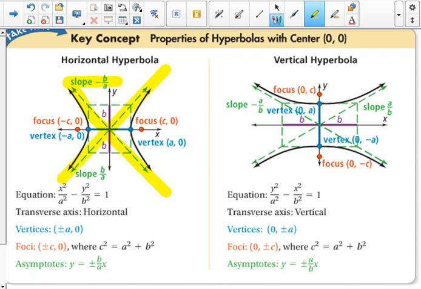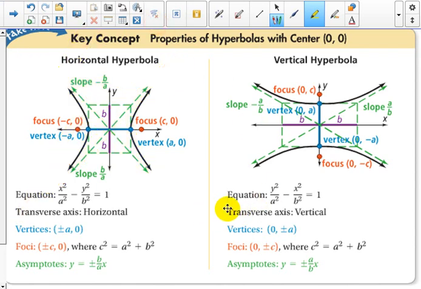If we know the transverse axis and get these few measurements, we could draw this box, draw lines through the corners, and then get your vertices, which are at the edge of the box. And then you can quickly graph your hyperbola like that. And that's what we'll be doing.